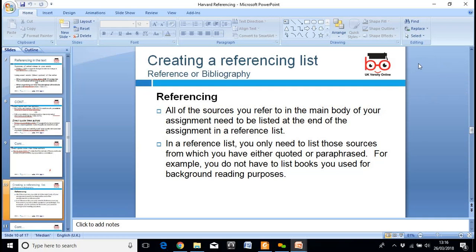If you've used it in the process, then obviously it's a reference. But if you've read something but not actually used the information, then it still needs to be there. A tutor will state that he needs a full bibliography.